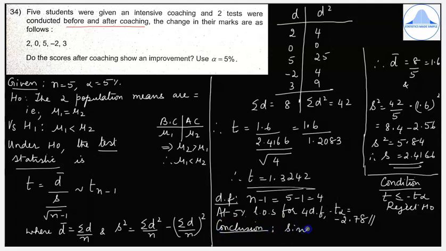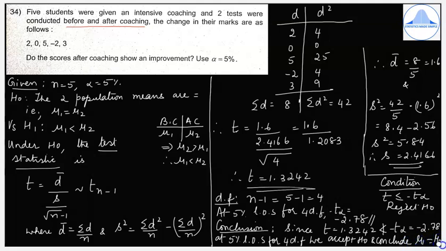Since T is equal to 1.3242, you have to check whether it is less than minus t alpha equal to minus 2.78. So it is not less. So at 5% level of significance, for 4 degrees of freedom, we accept H naught and conclude mu1 is equal to mu2.